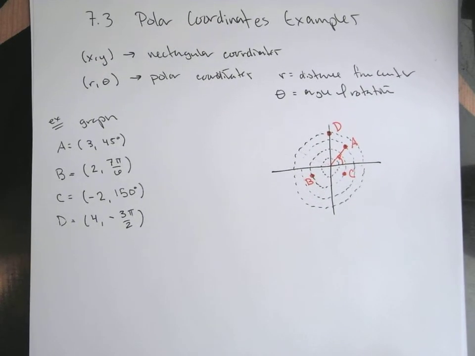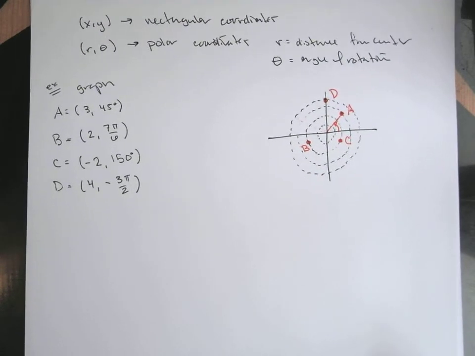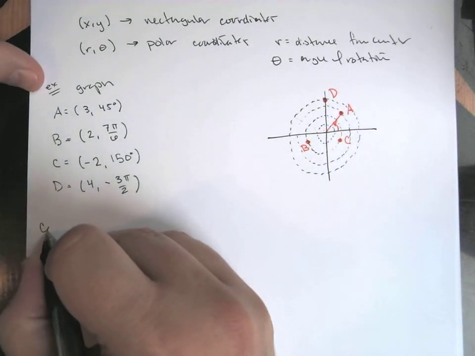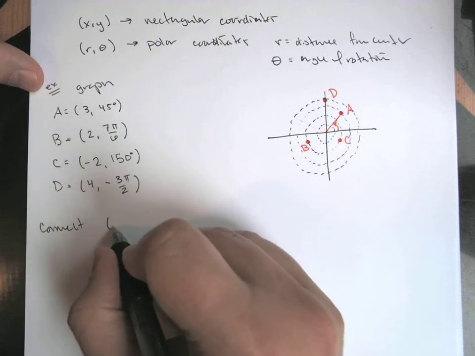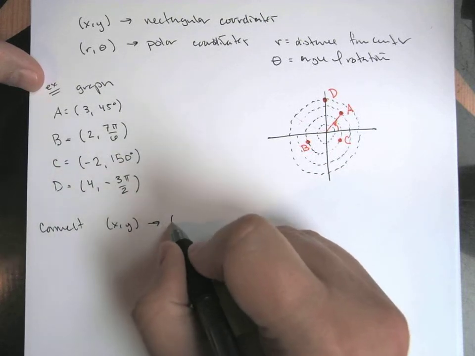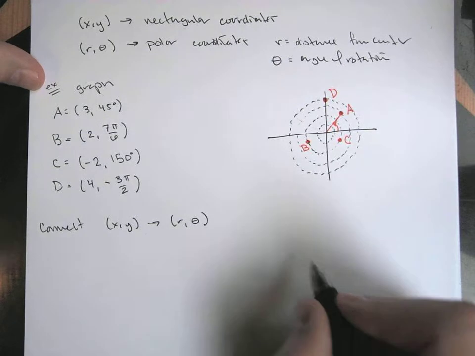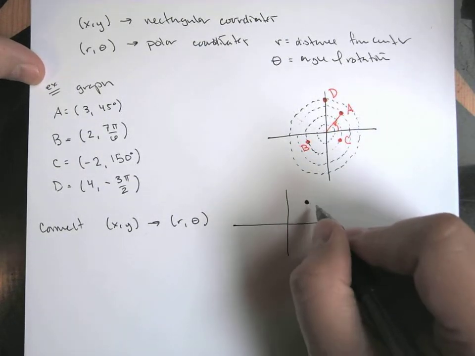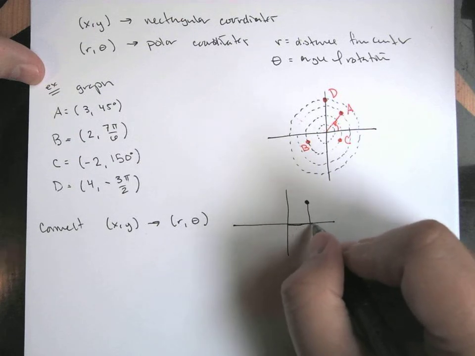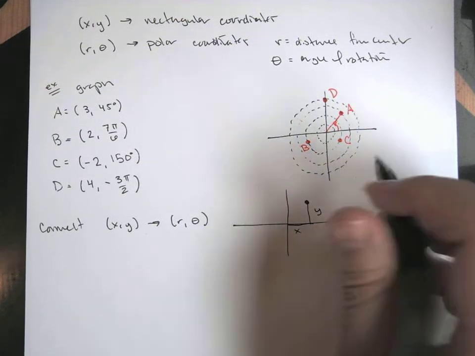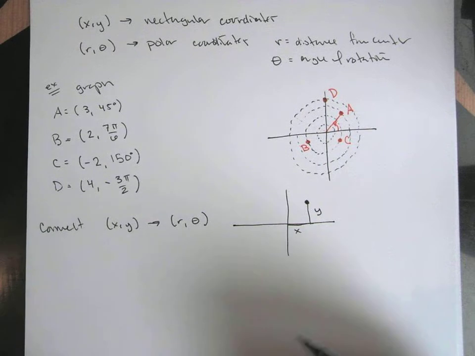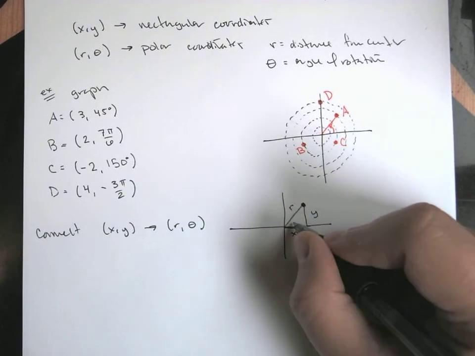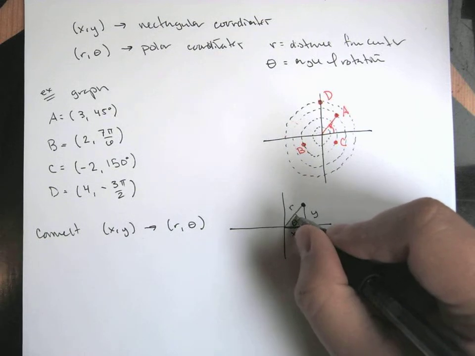If we wanted to connect these polar coordinates a little bit more to the rectangular coordinate system that we're more familiar with, we have, if this is my point, the x value here, the y value here, and then from a polar perspective, I could fill in my radius up here, and my angle is going to be there.